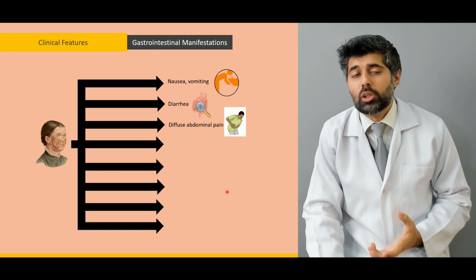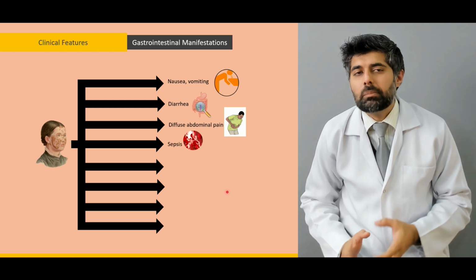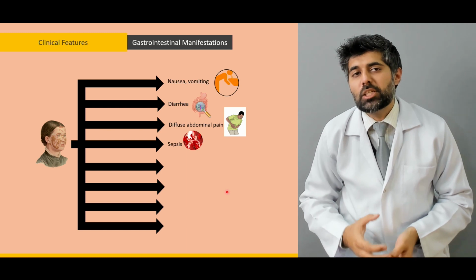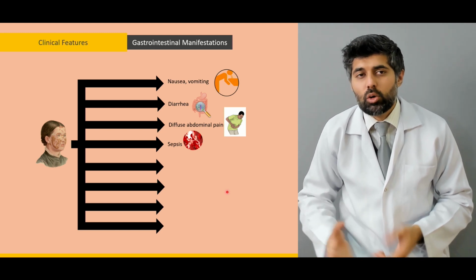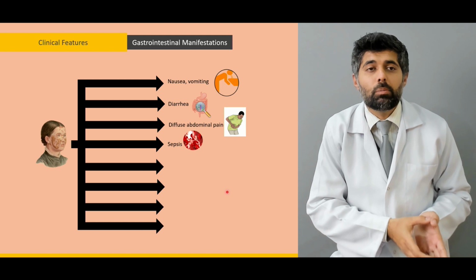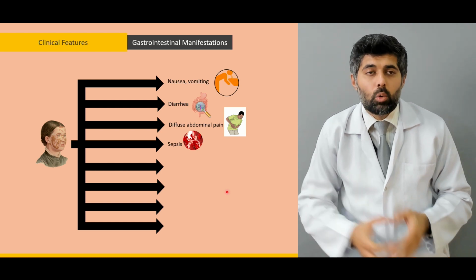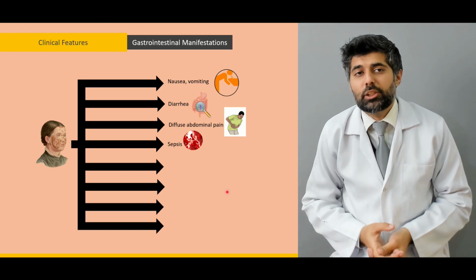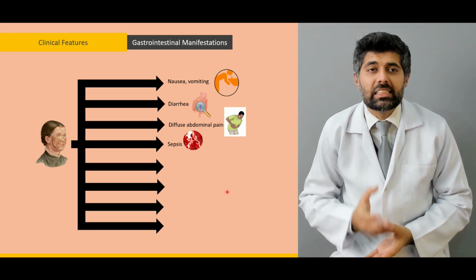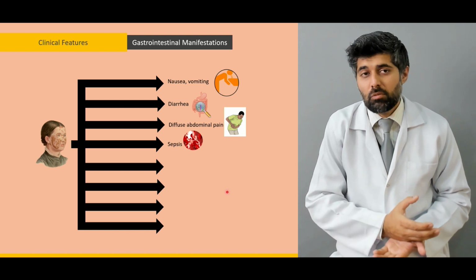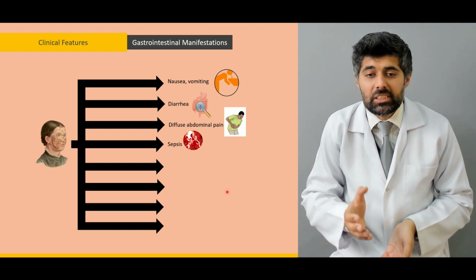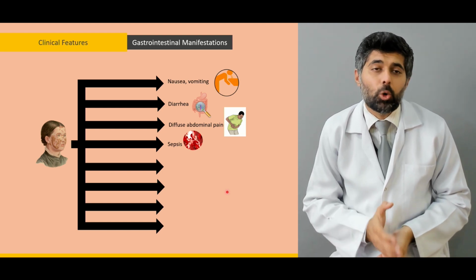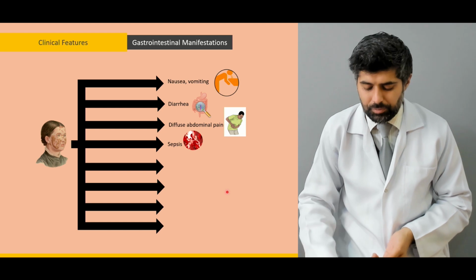So, this diffuse abdominal pain, along with sometimes sepsis, is very common in patients with SLE because of the autoimmune peritonitis. Now, whenever autoimmune peritonitis happens, these presentations are most commonly seen. So, a patient with diagnosed SLE presenting with these symptoms must be considered for autoimmune peritonitis.